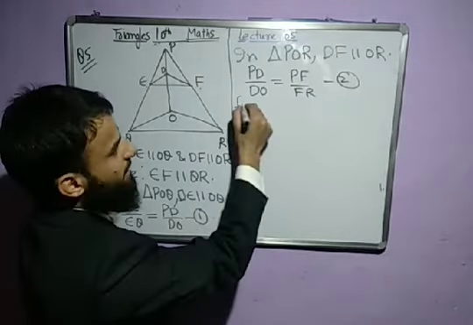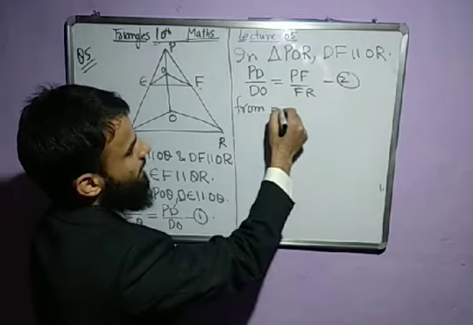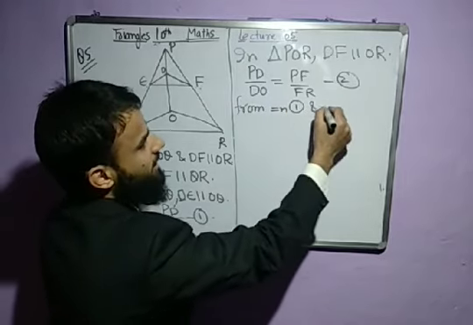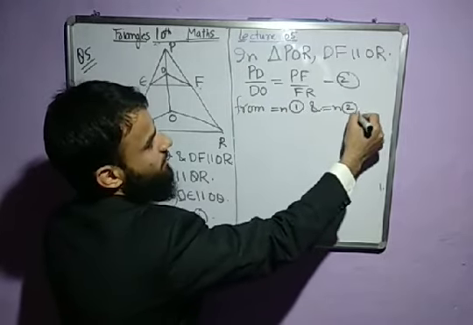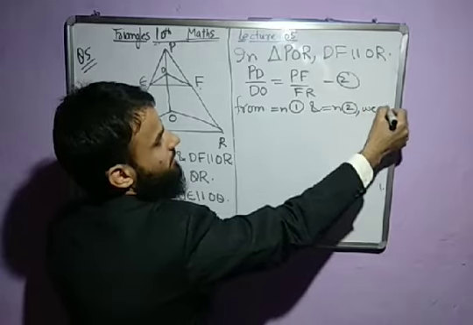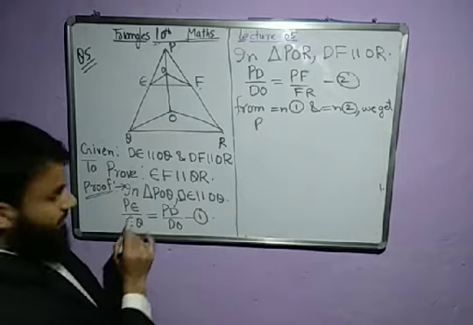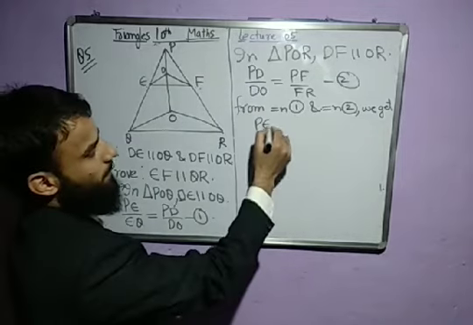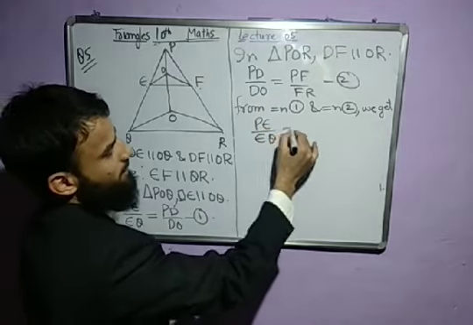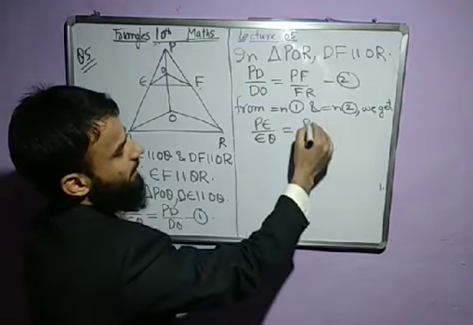So from equation 1 and equation 2, we will get PE by EQ equal to PF by FR.